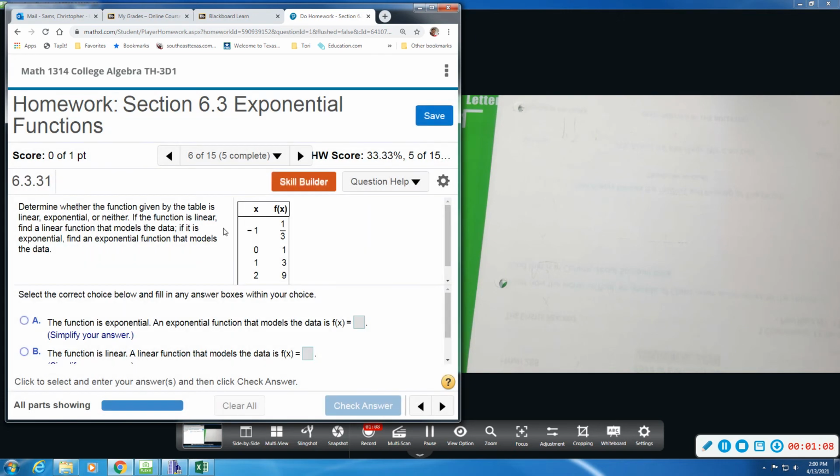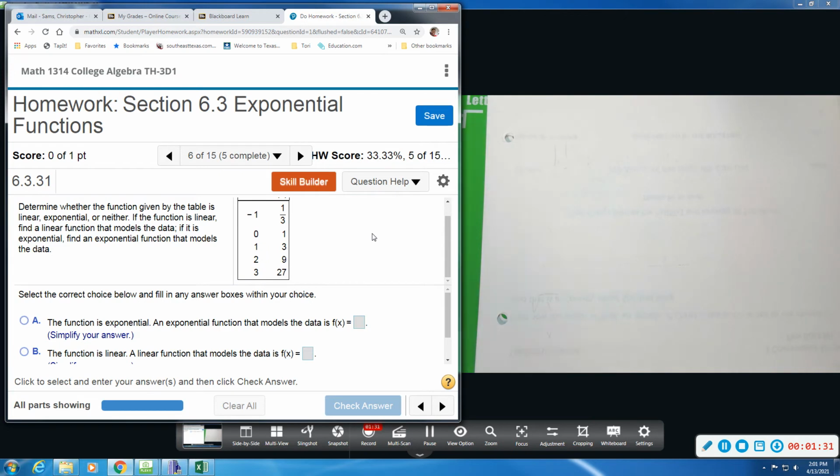All right, number 6. This one we want to determine whether the table is linear, exponential, or neither. Okay, so we're either looking for a constant rate of change or a constant ratio when we divide. So in this table, can I see the whole thing at once?